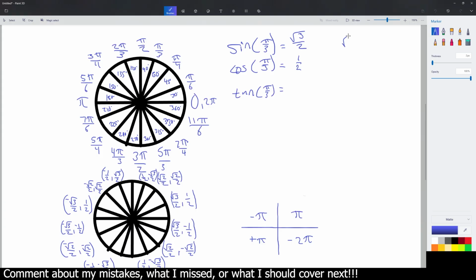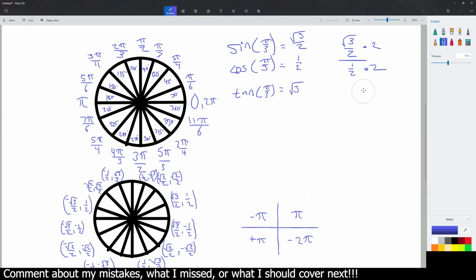In this case, it's going to be root 3 over 2 divided by 1/2. And so, if you want to solve this, just multiply top and bottom by 2, and then that's going to leave you with just root 3. Because we multiplied by 2 to cancel out the bottom, which is 1/2. Okay, so this is root 3.